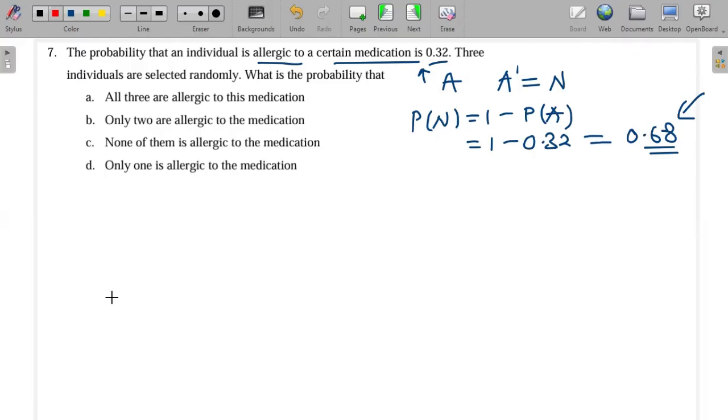Three individuals are selected at random. So let's draw the tree diagram here. Later on you're going to see that you can answer this question much more easily by using the binomial distribution. But we haven't yet learned the binomial, so we can just use the tree diagram.